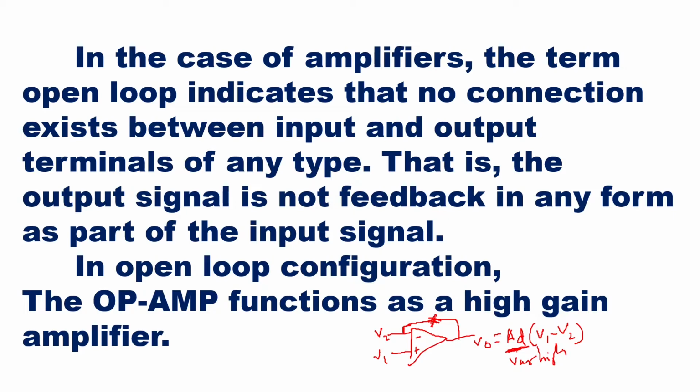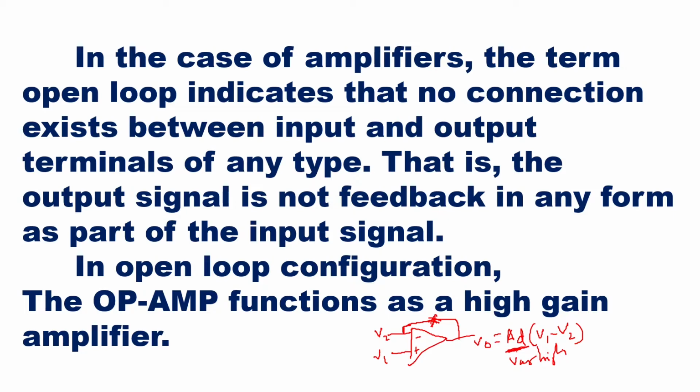Whenever you have a circuit with open loop, there is no feedback from output to input, and in that case the op-amp will have very high gain. The output might saturate to its positive and negative levels, but the gain will be very high.